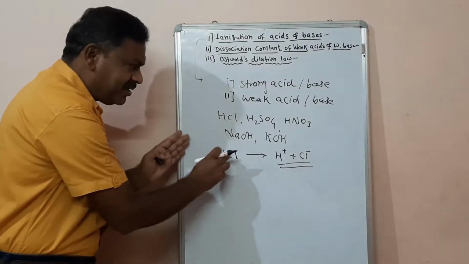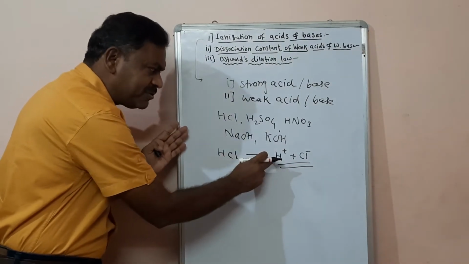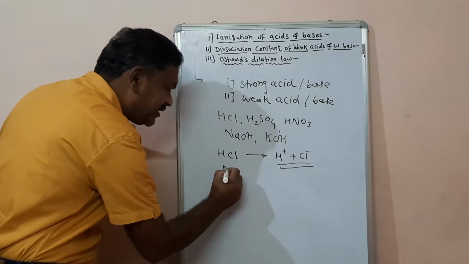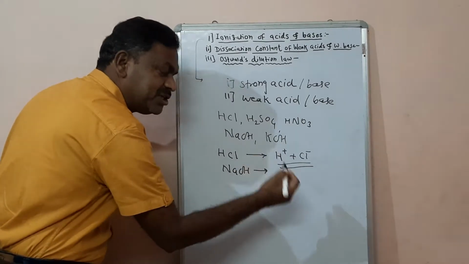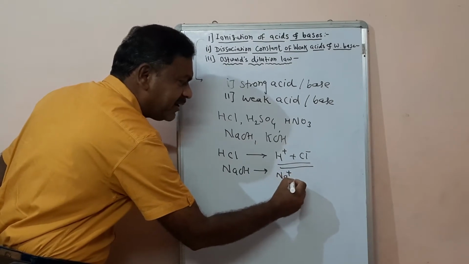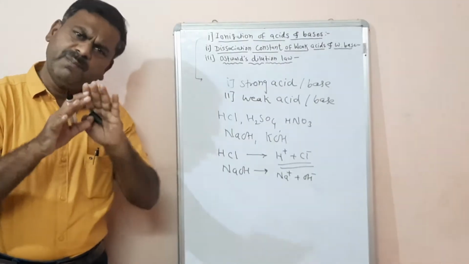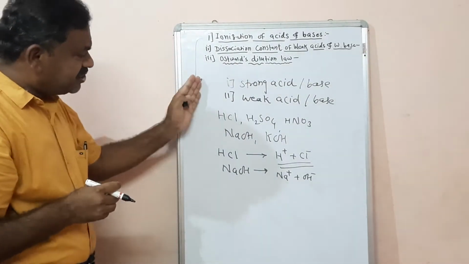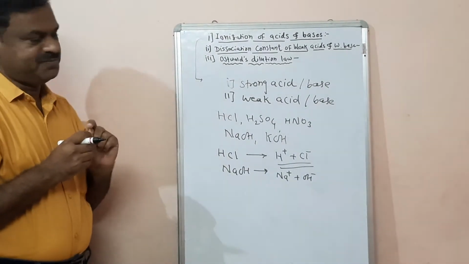Another example, sodium hydroxide, dissociates completely to form Na plus and OH minus ions. Completely dissociated, completely ionized. This is about the strong acid and the strong base.